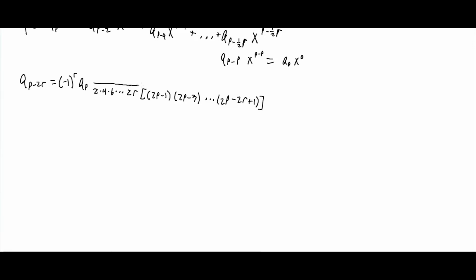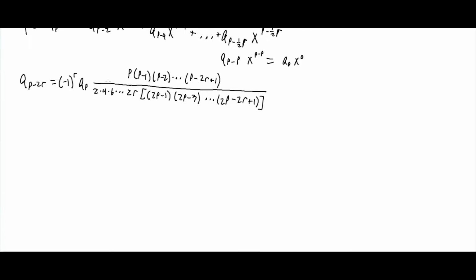So that is our denominator here, and up here in the numerator we will have p times p minus 1 times p minus 2, going on until we get to p minus 2r plus 1.